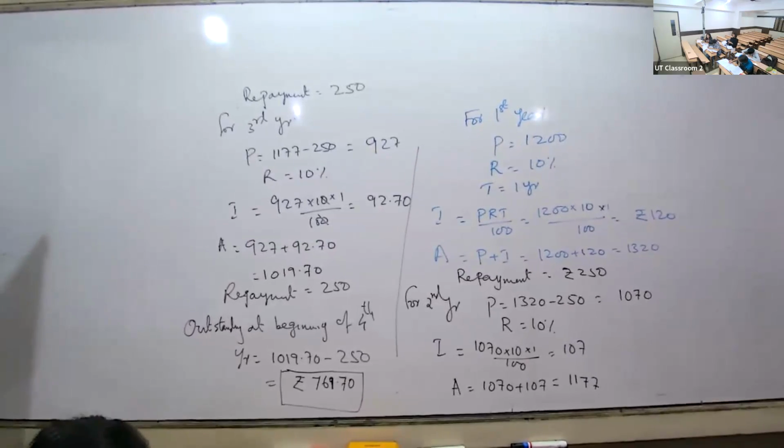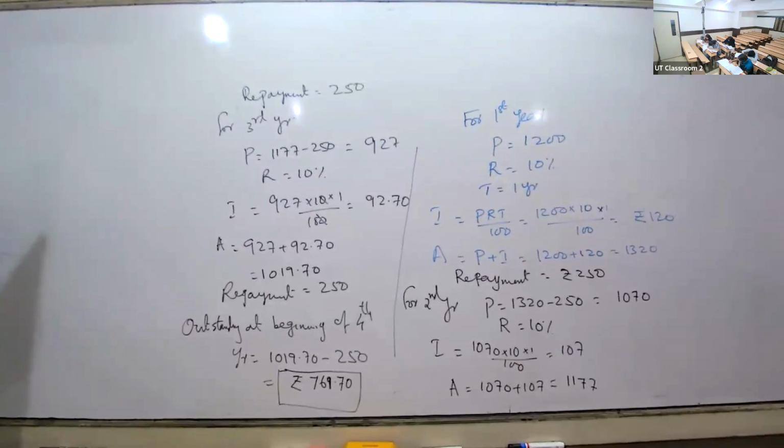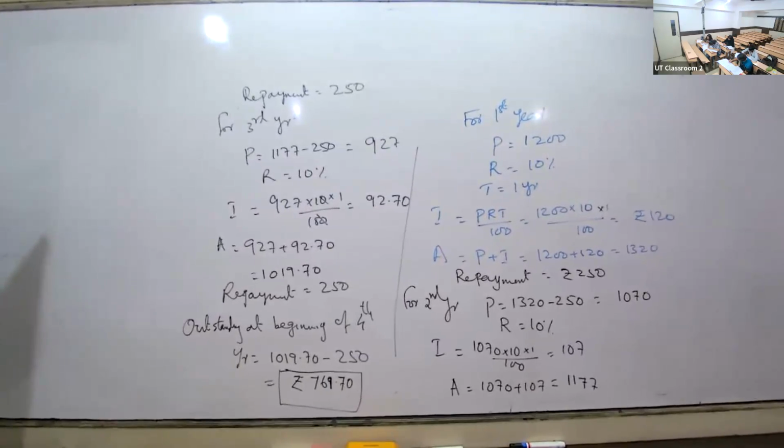Okay, now for the second year, continue till 3 years. For the second year, P is equal to 86,250. R is equal to 15%.